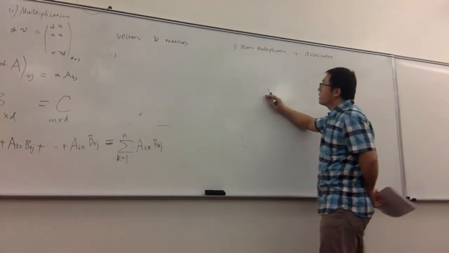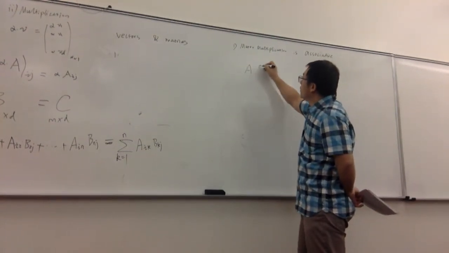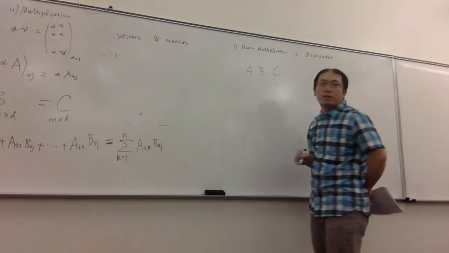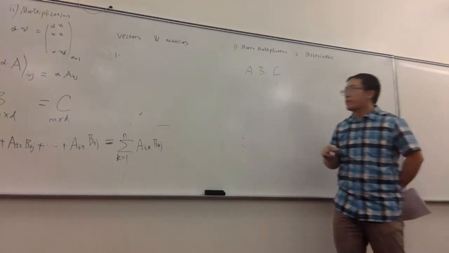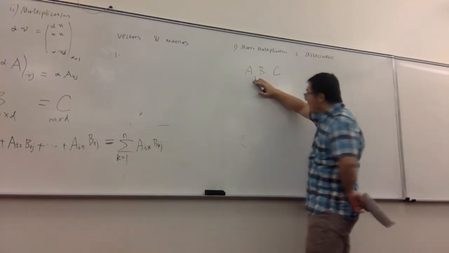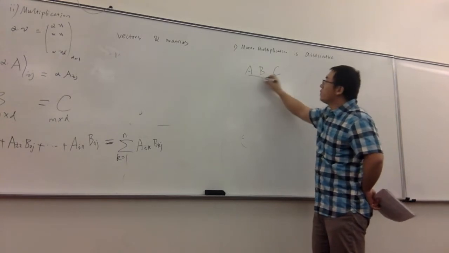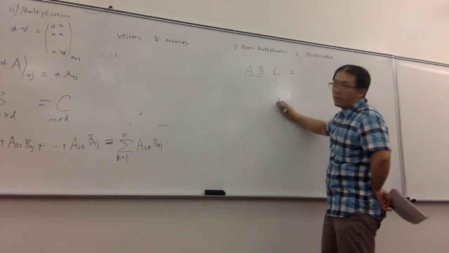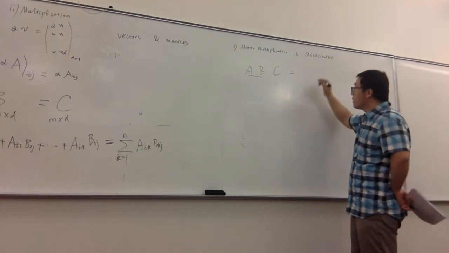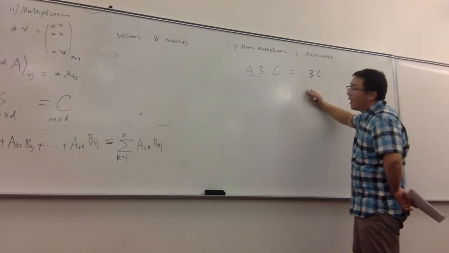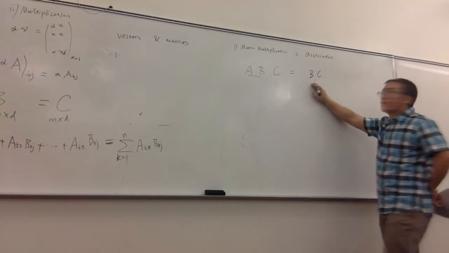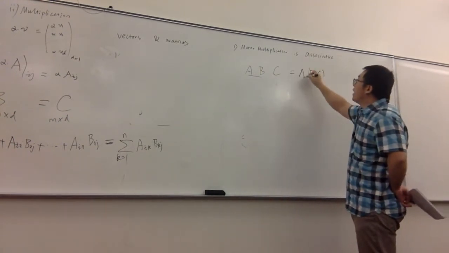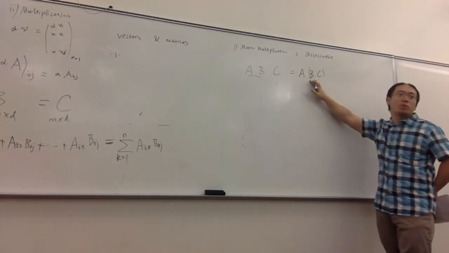Here is an example. Suppose we have 3 matrices, right? When we first multiply A with B, and then multiply this AB with C, the result is exactly the same as when we first multiply B and C, and then multiply A with the product of B and C.